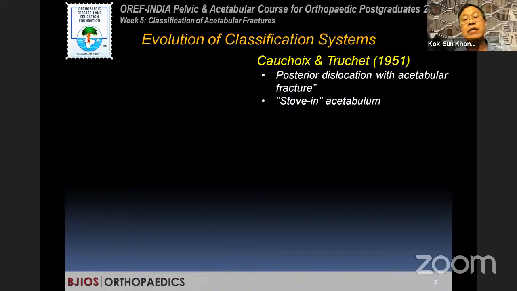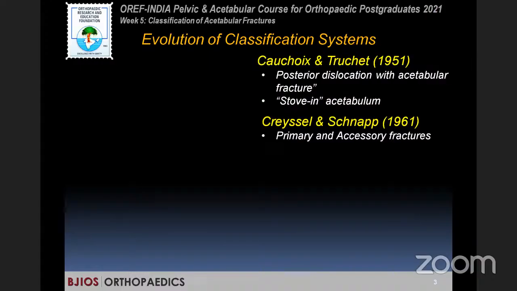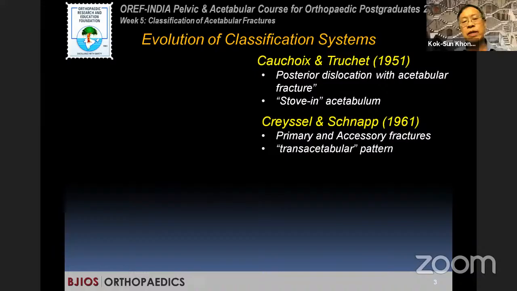We know that it's a central fracture dislocation of the femoral head. Later on, two Belgians talked about primary and accessory fractures. So they started to subdivide different patterns by recognition. And they also gave the first description of a transacetabular pattern, which will evolve later in different classifications.